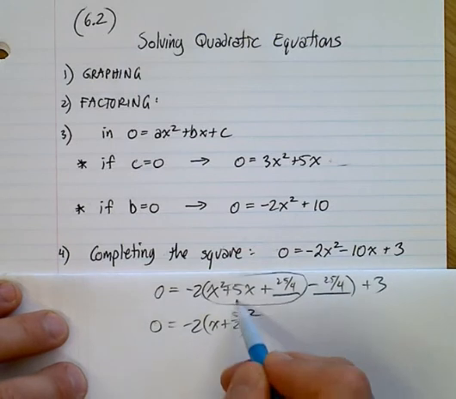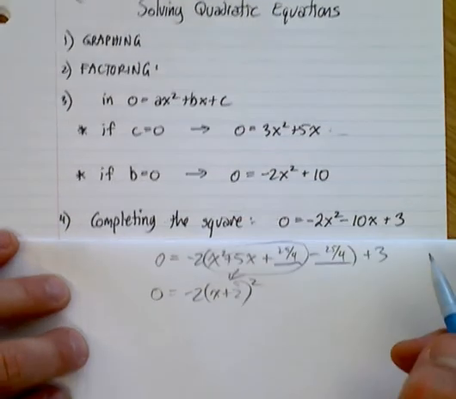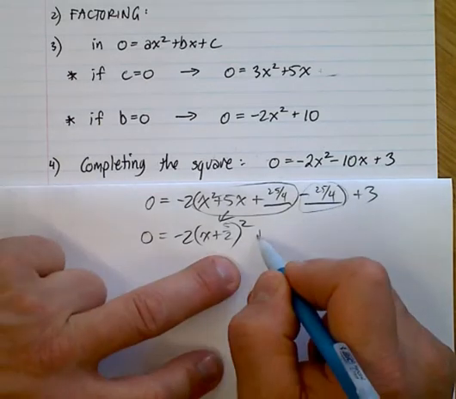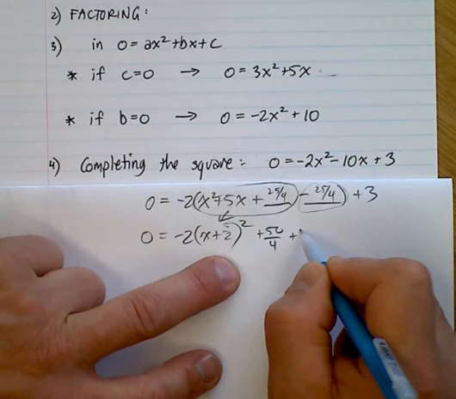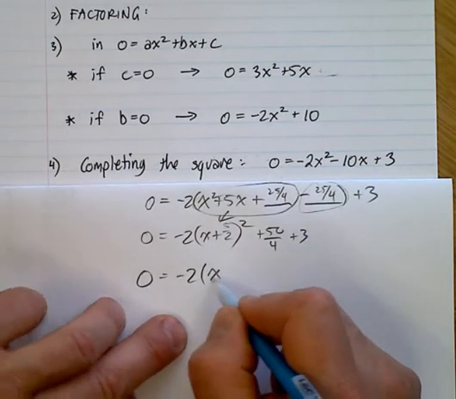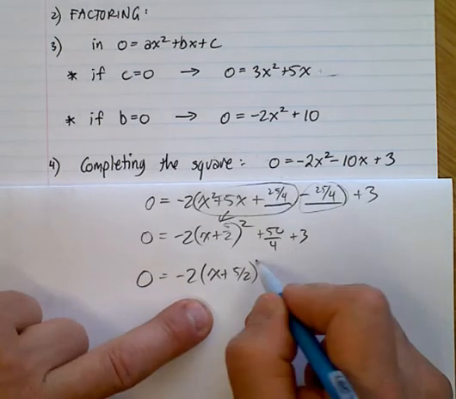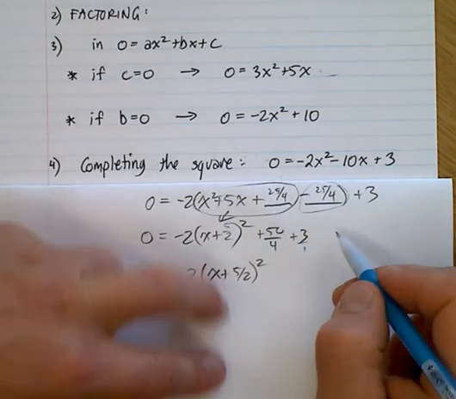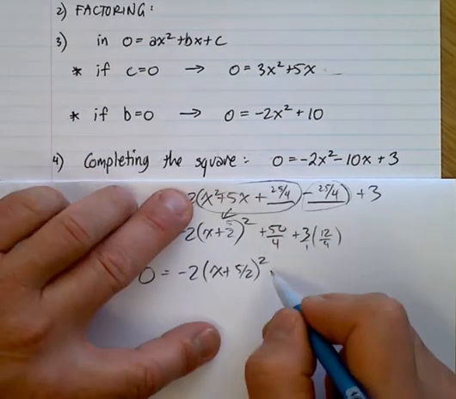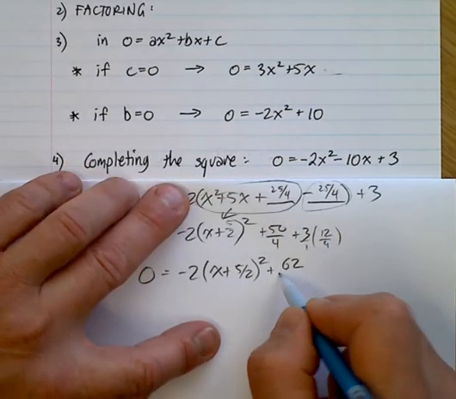This becomes that binomial, right? And then this leaves. So that's going to be plus 50 over 4 plus 3. So let's finish this off too. Negative 2 bracket x plus 5 halves all squared. 3 over 1, so that's the same as saying 12 over 4. So we have 62 over 4.